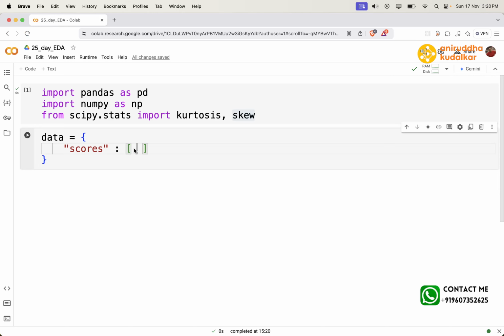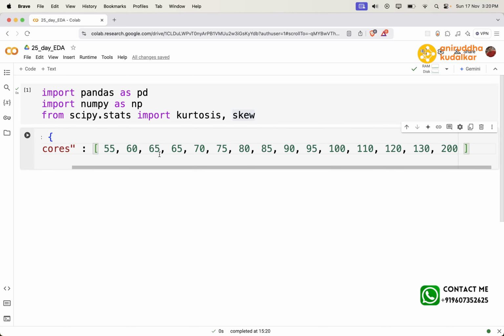And here is some data: 55, 60, 65, 65, 65, 70, 75, 80, 85, 90, 95. These are understandable, and here 200 is an outlier. Why?